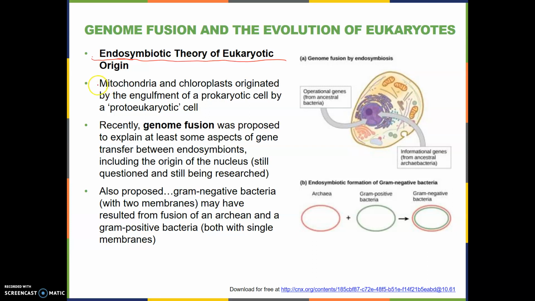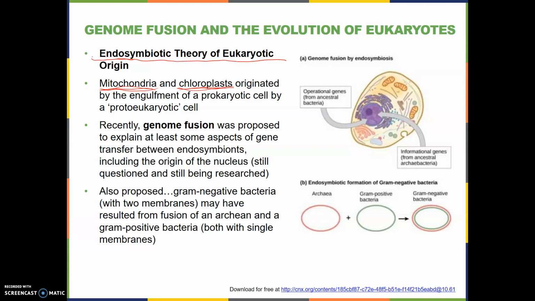Specifically, they have an organelle called mitochondria that carries out cellular respiration. And if it is a cell that contains a chloroplast, it's capable of photosynthesis as well. So cells with chloroplast will also have mitochondria.